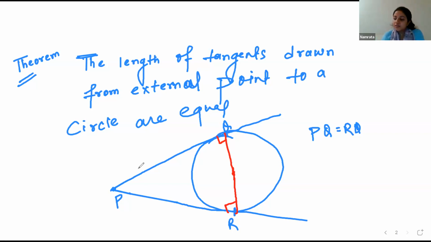Only one more exercise is there, with a few more theorems, and we will discuss that exercise in detail in the next class. Today I am keeping it till tangent.